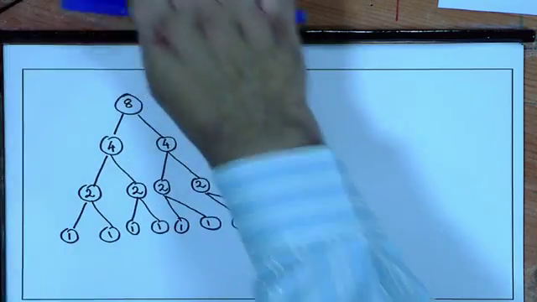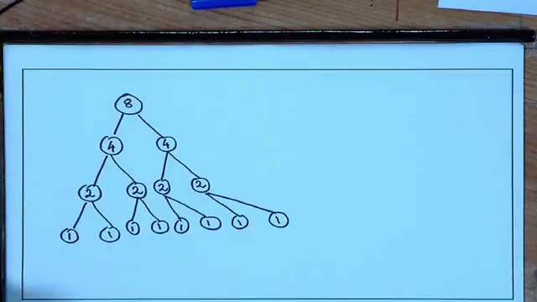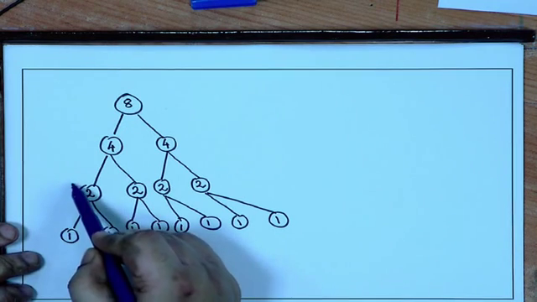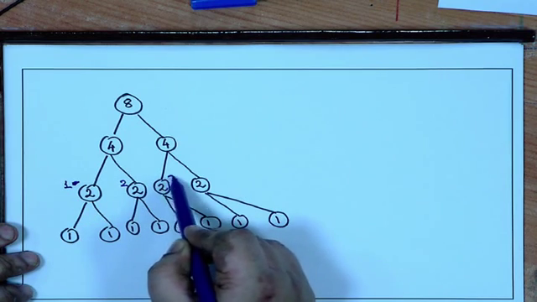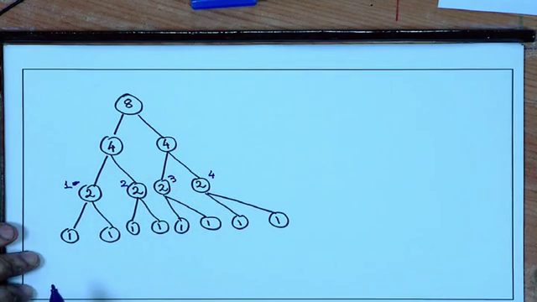In iteration, we would do it in a different fashion. We would do this first, this second, this third and this fourth.